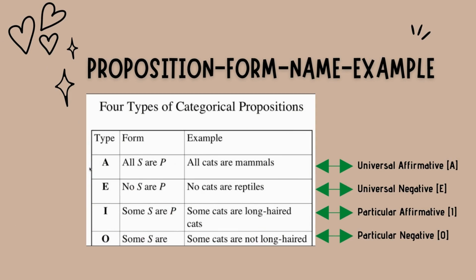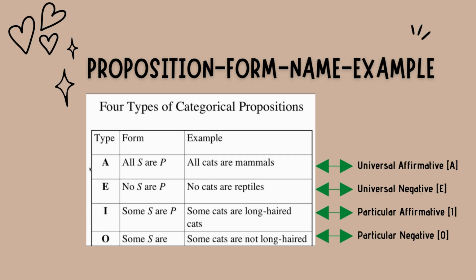I have categorized into form, name, and example for each of the propositions. Here, type is the abbreviation of each proposition. S and P indicate the terms, subject and predicate.